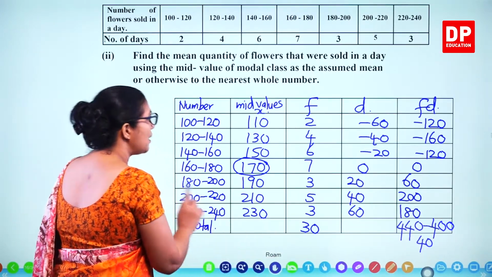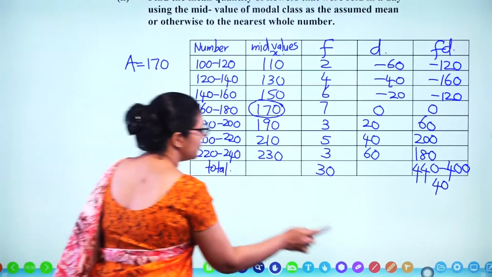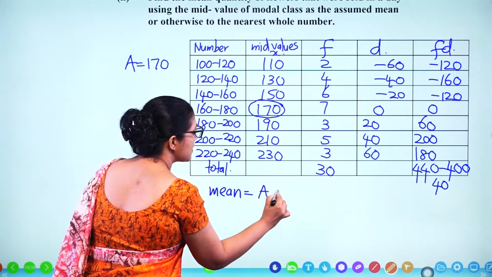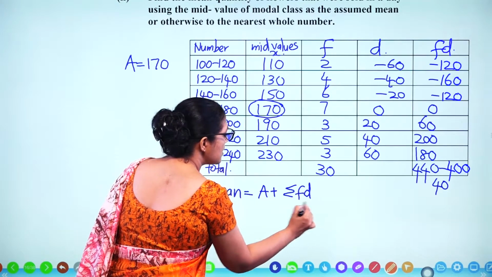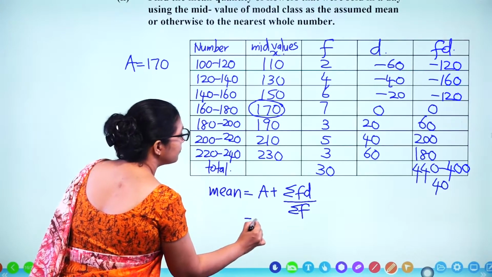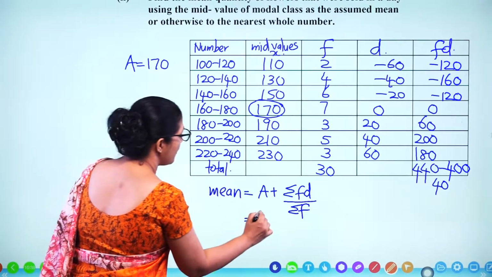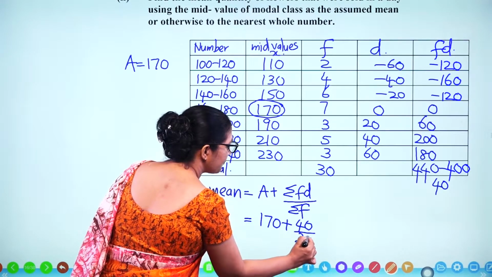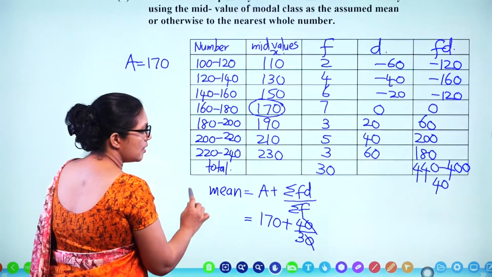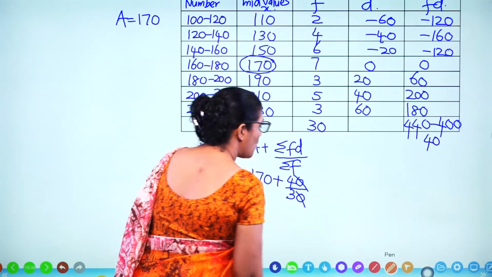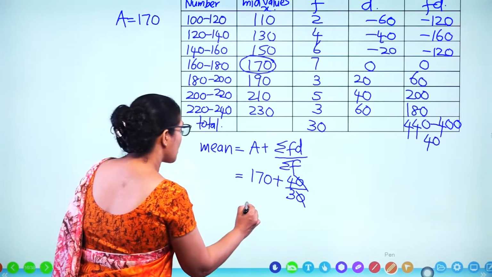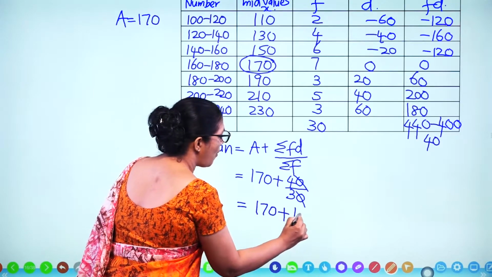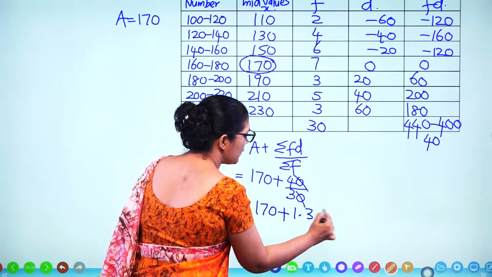So how do you calculate the mean value? Mean value is assumed mean plus sigma fd over sigma f. So what's the assumed mean? 170 plus 40 over 30. So 0, 0 get cancelled out. 170 plus 4 over 3 is 1.33 something.